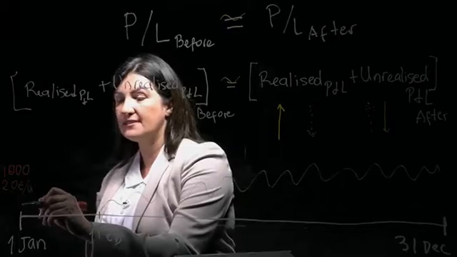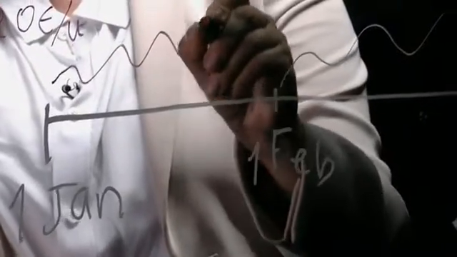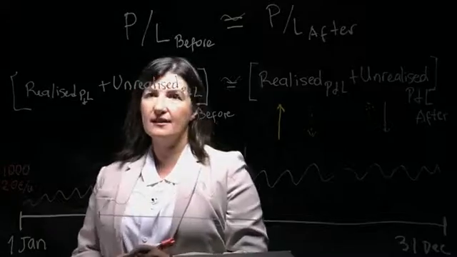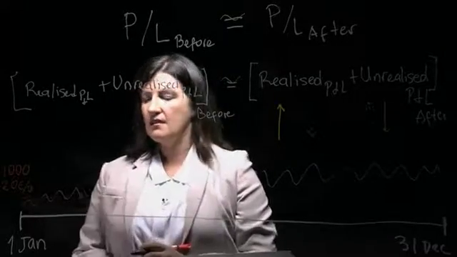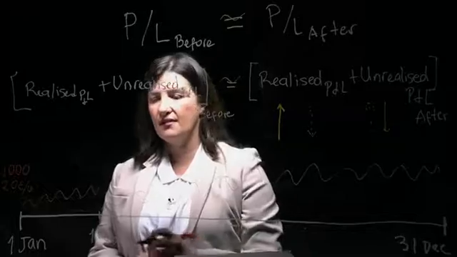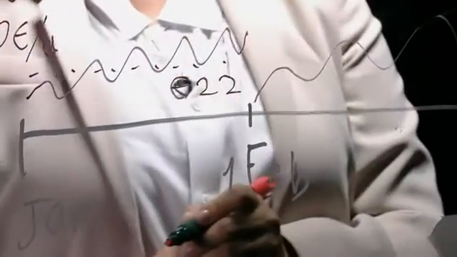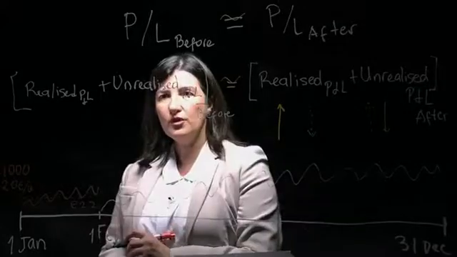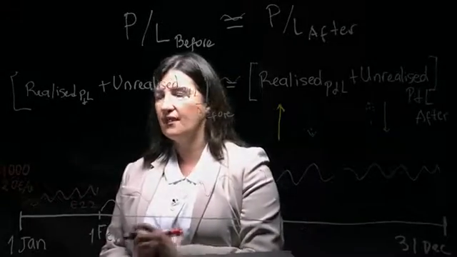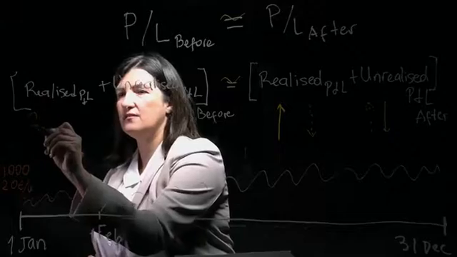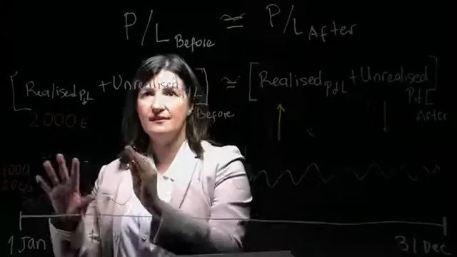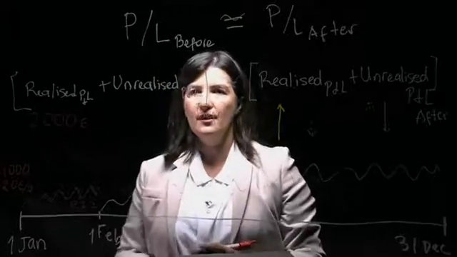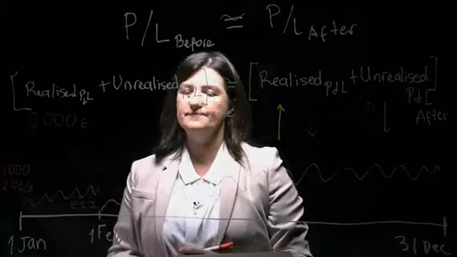The prices of gas went up this month, and the trader can work out his profits. Let's imagine that the gas was on average 22 euros per unit, so the trader made 2 euros profit per unit of gas. Therefore, the realized P&L was 2,000 euros. The trader is certain that that money is going to go into his or her account.